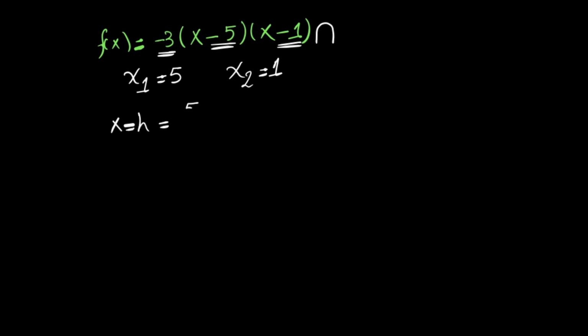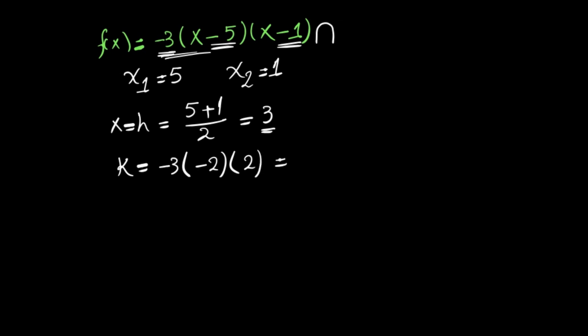How to get the x coordinate of the vertex, or h? Just add 5 plus 1 divided by 2, that is (x1 + x2) divided by 2. It's going to be 3. How to find k? I will substitute in the function. It's negative 3 times (x - 5); x equals 3, so 3 minus 5 equals negative 2. Times (x - 1), 3 minus 1 equals 2.